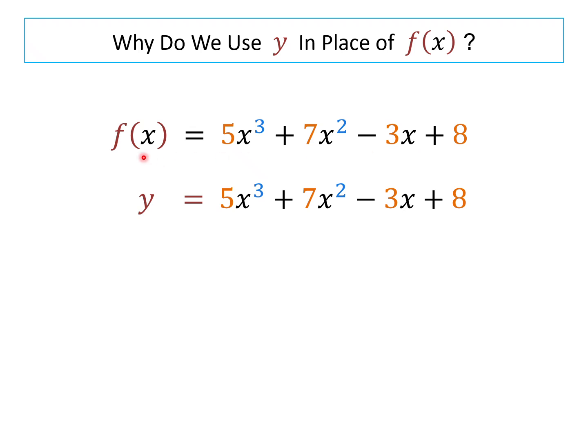If t is here, the right hand side expression is in terms of t. That's the benefit of f of x. But to simplify, if we know the right hand side is in terms of a particular variable, we can make use of y.